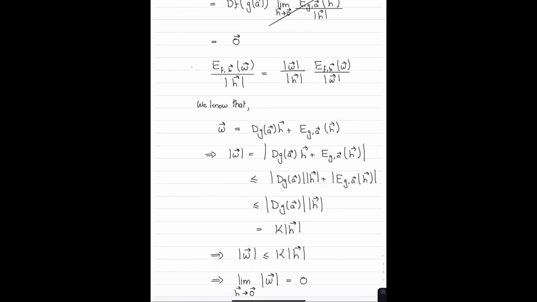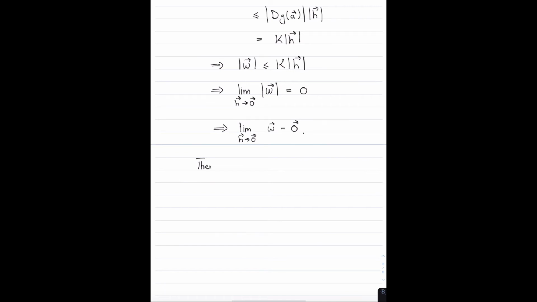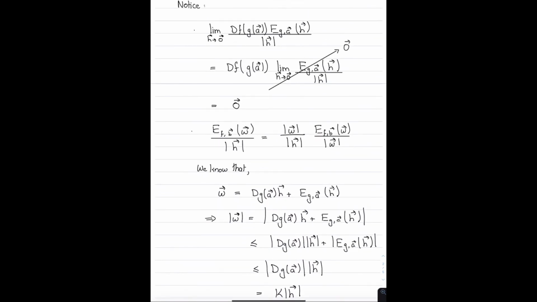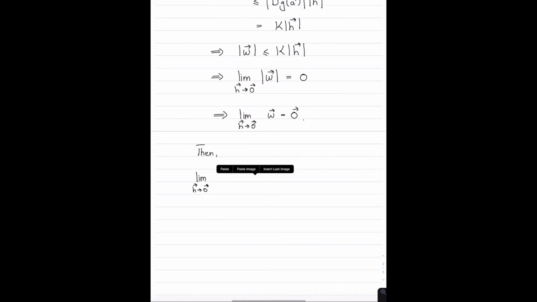We can now go ahead and show that this error term goes to 0. Then the limit as vector h approaches the 0 vector of this thing right here is equal to the limit as h approaches the 0 vector of the norm of w divided by the norm of h, times this error term divided by the norm of w.